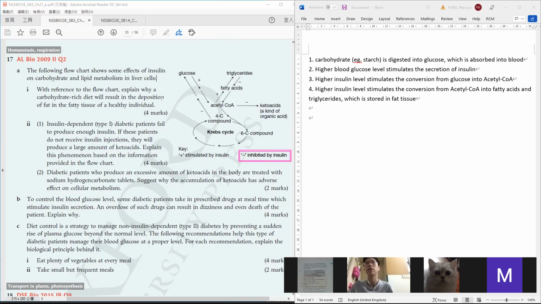By the concept of inhibit, that means previously 4C compound being converted to glucose, insulin will put a cross on it. Okay, insulin doesn't like this. Insulin prevents this conversion.